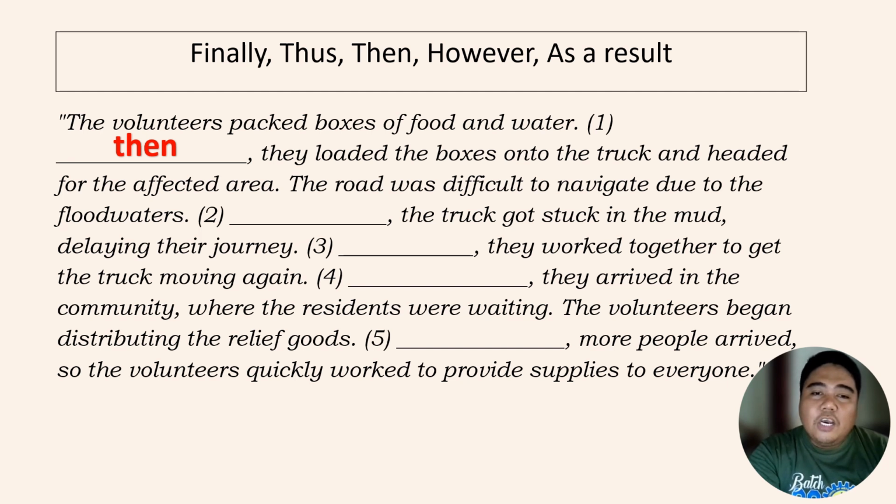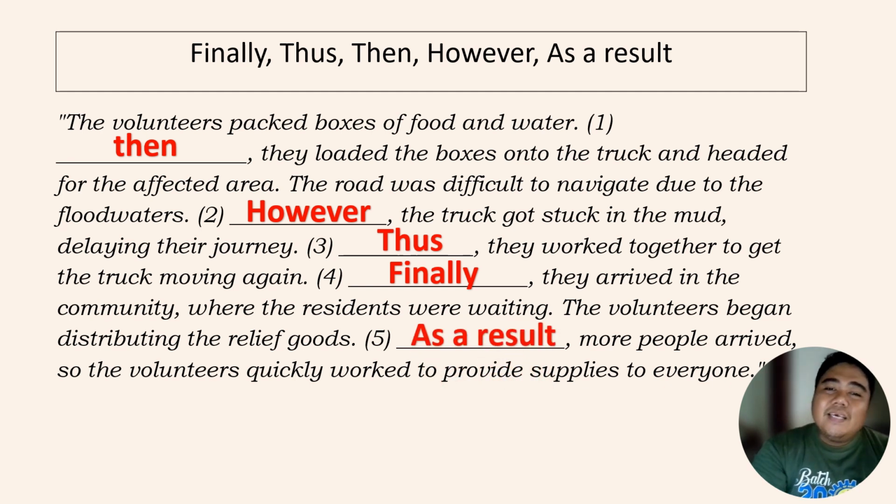How about in number 2? The correct answer is "however." In number 3, the correct answer will be "thus." Then the answer on number 4 is "finally." And in number 5, the answer is "as a result."